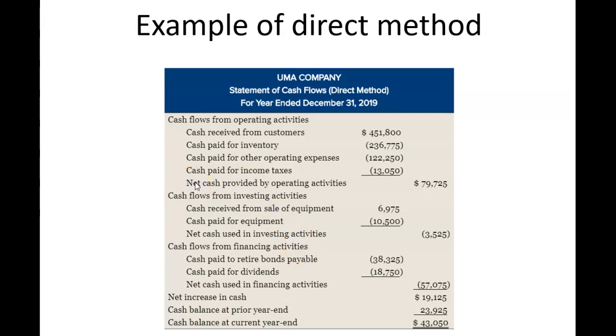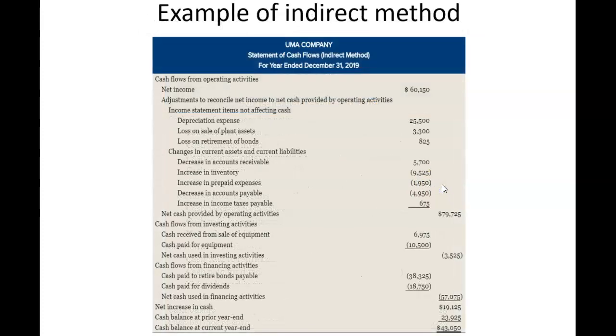In UMA's situation, there was net cash provided by operating activities of $79,729. And under the indirect method, lo and behold, there's net cash provided by operating activities of the same amount of money. The deal is that under both the direct and indirect method, you calculate the same net cash provided or used by operating activities.